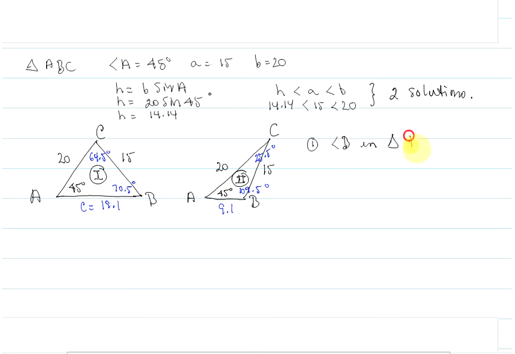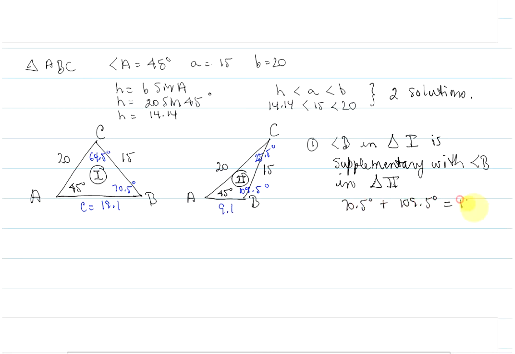In other words, they add up to 180 degrees, right? That's what supplementary is. So 70.5 degrees plus 109.5 degrees equals 180 degrees.